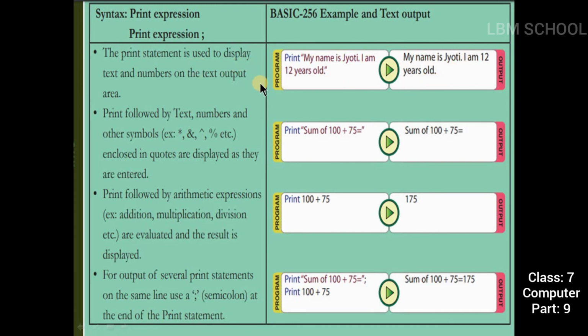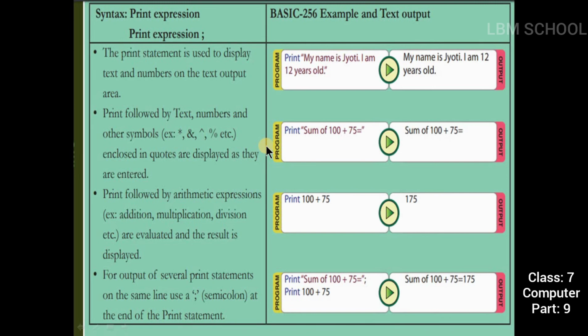We can display any text, any numbers, etc. using the print statement. Print followed by text, numbers and other symbols enclosed in quotes are displayed as they are entered, which I told you. Inside the quotation marks, whatever we write will be written as such.